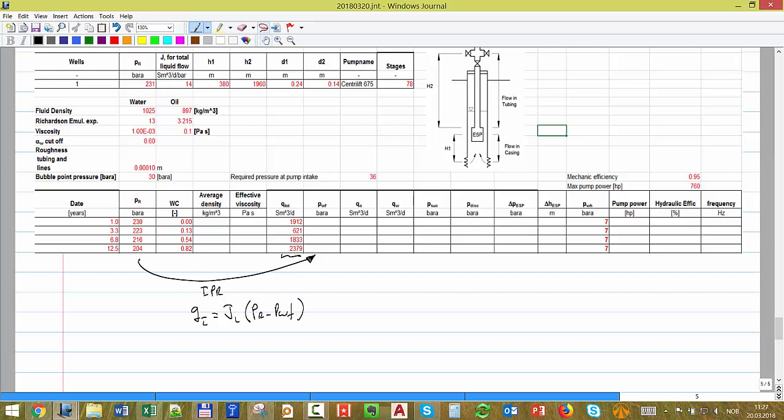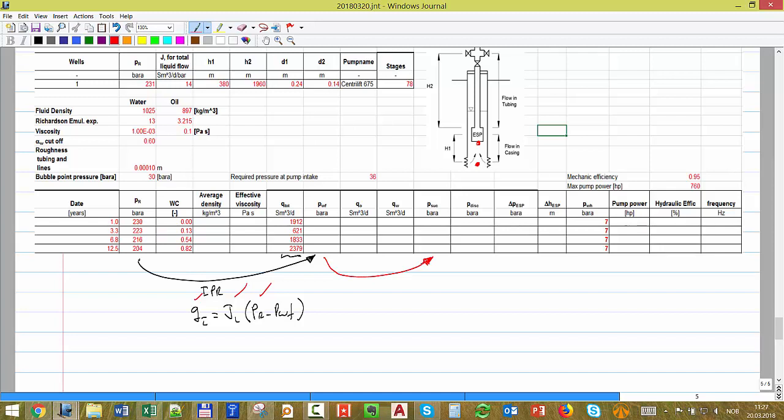We have Q, which was given by the reservoir engineer. We have J, which someone measured for us. We have PR, and then we have to calculate PWF. After that, we have the pressure here, and we have to move forward to the suction of the ESP. So now we go from here, again, to the suction pressure.